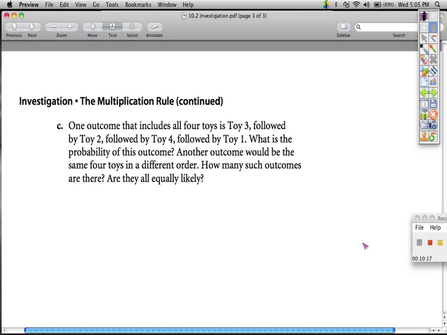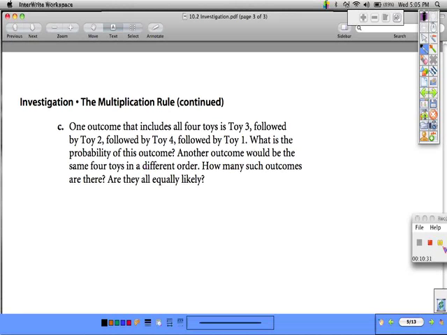Now it says one outcome is 3, then 2, then 4, then 1. What is the probability for this? So if we were to look at the tree, we could trace out this path going 3, 2, 4, 1. It's asking what's the probability of this.